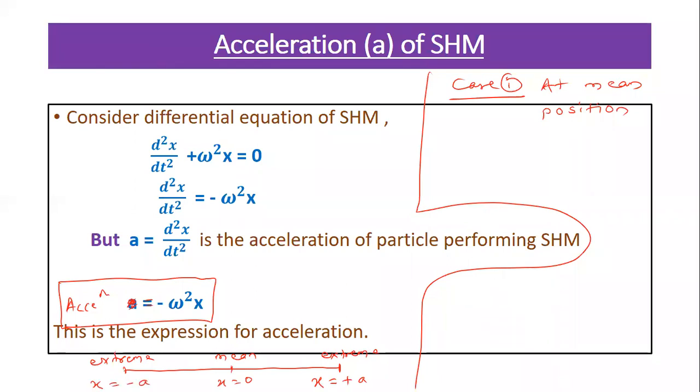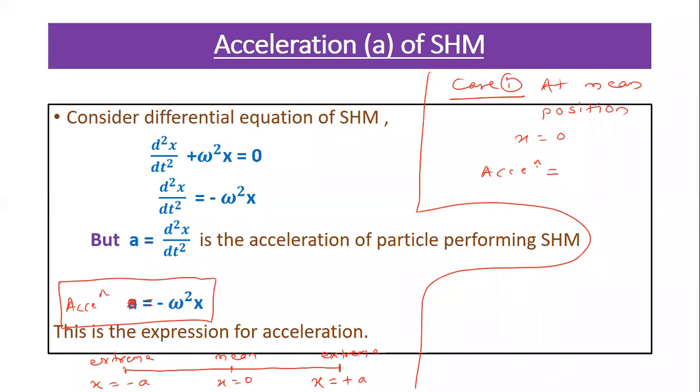Now a is the amplitude, small a or capital A, generally we write it for amplitude. At mean position x is equal to 0.